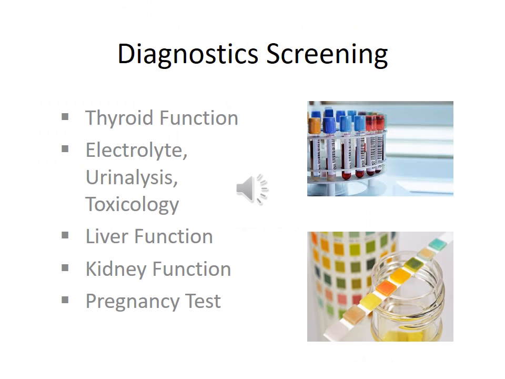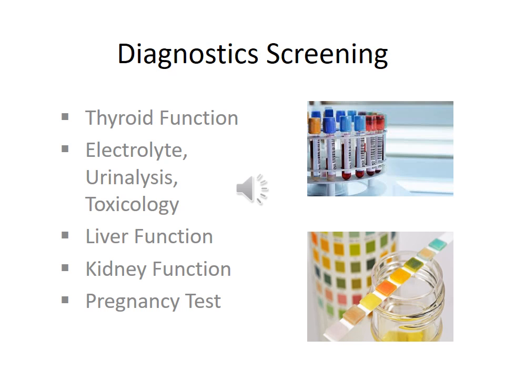All right, diagnostics. Before we can peg a psych diagnosis for depression or bipolar, we've got to make sure there are no underlying events going on. So the doc is going to order a panel of tests just to be sure.